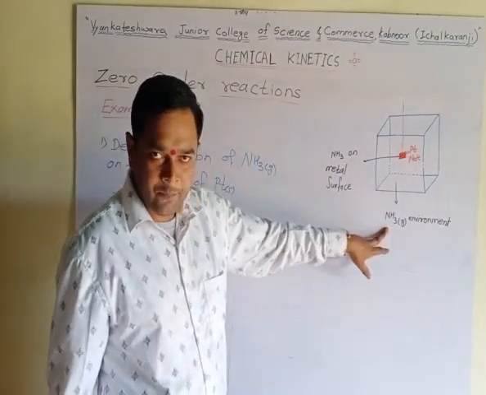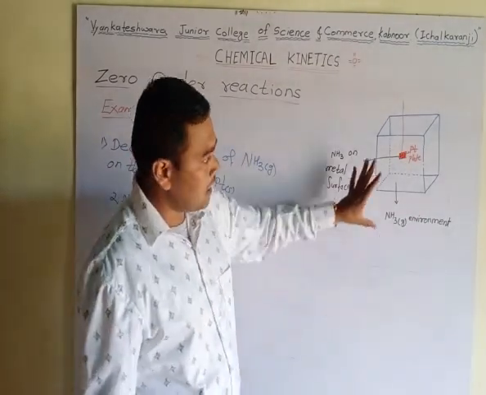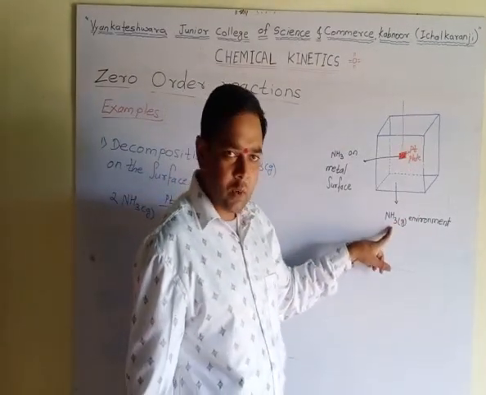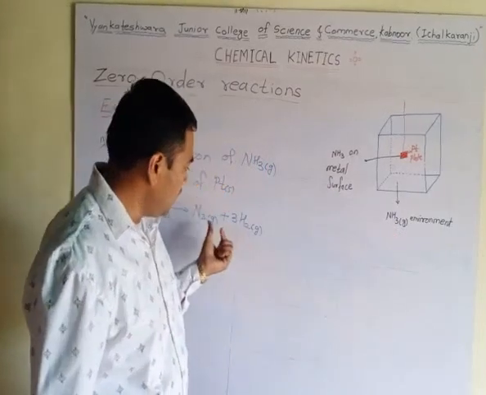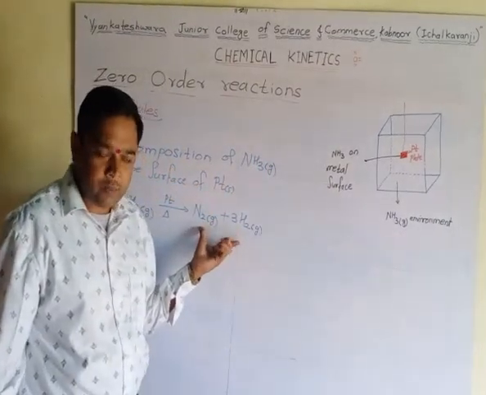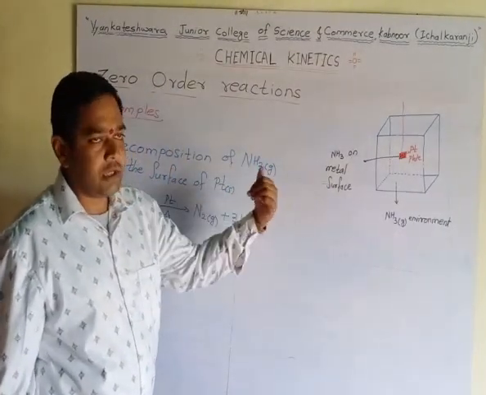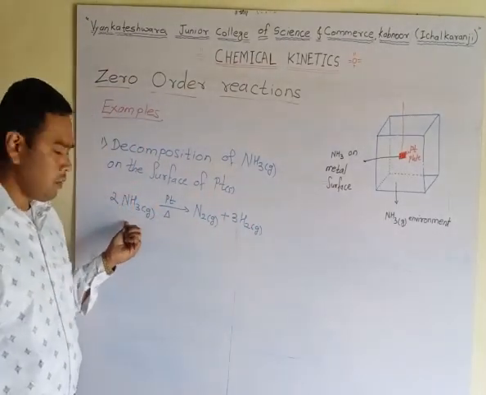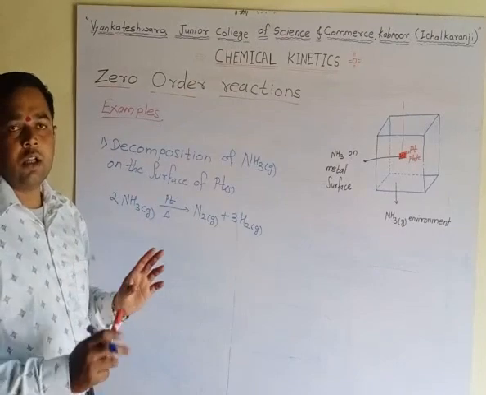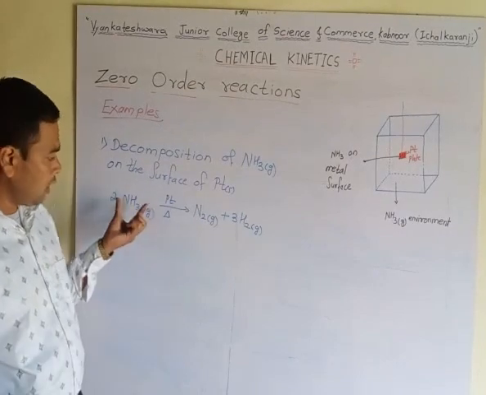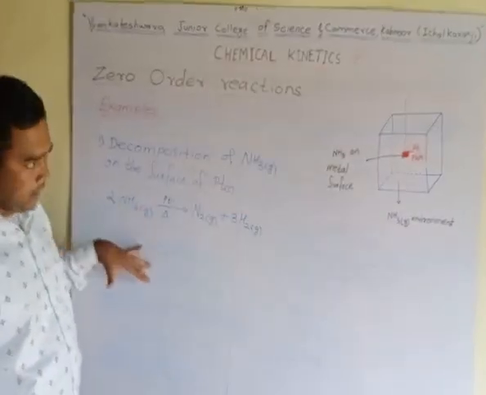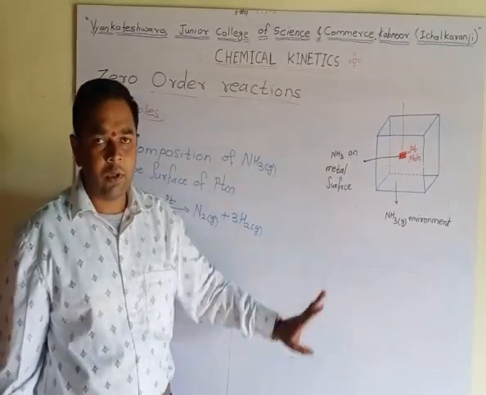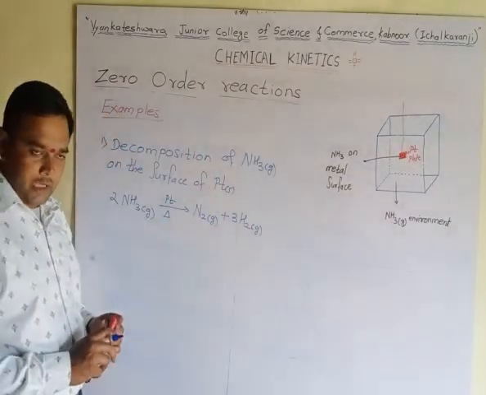It means the concentration of ammonia is higher as compared to N2 and H2. Hence, the rate of reaction is independent of the concentration of ammonia. Hence, this is an example of zero order reaction.